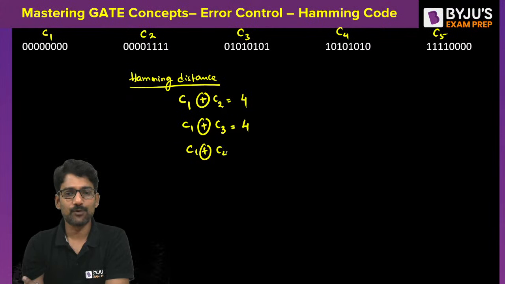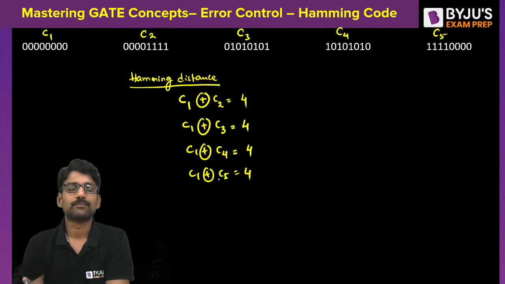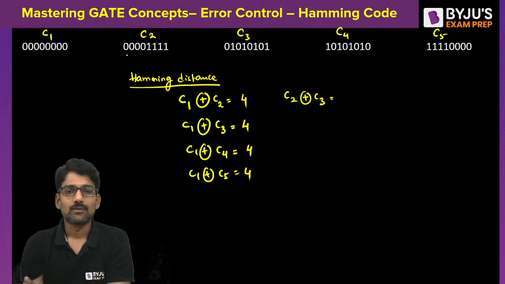C1 with C4, C1 with C5. The other possibilities, C2 with C3, 0, 1, 0, 1, 0, 1, 0, 1, so 4.